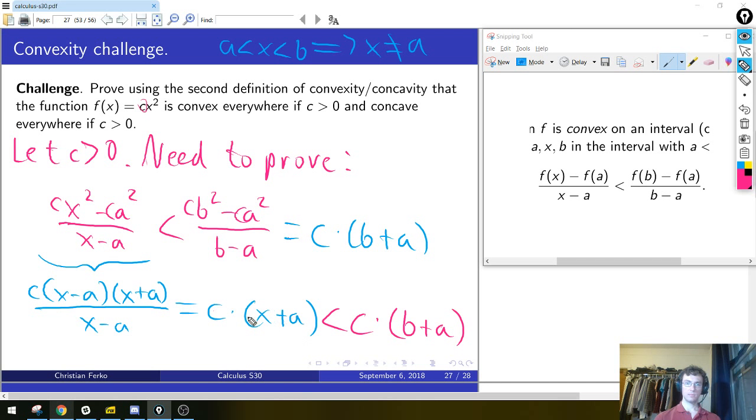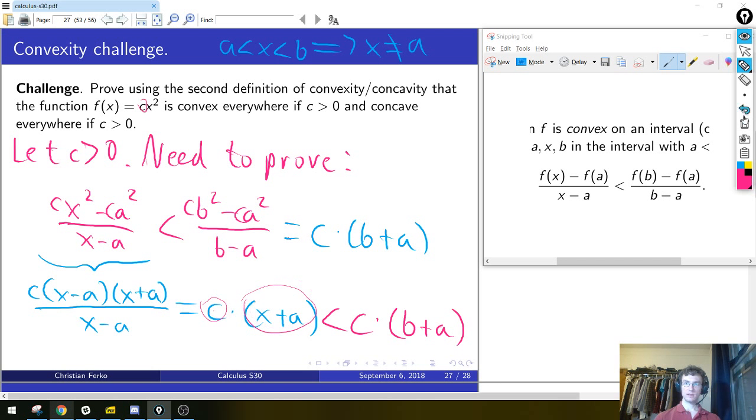But in this step, it was important that c was positive, right? Because in going from this blue step to this pink step, we had to argue, well, c is some positive number multiplying this thing x plus a. So if I swap x with b, since b is larger, then I'm going to have a positive number times something which has gotten bigger. So that's going to make the result larger.